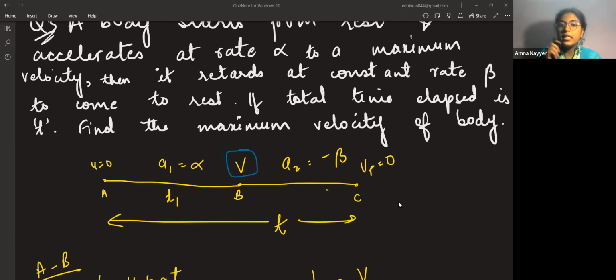It is also written in the question. The body comes to rest. Finally, the body comes to rest. This is written also, no? At a constant acceleration to come to rest. 0, right? This would be 0. Final velocity is this 0.